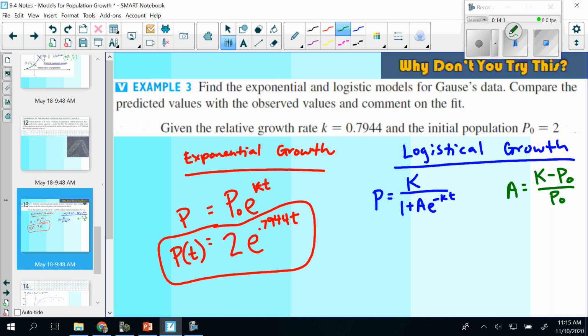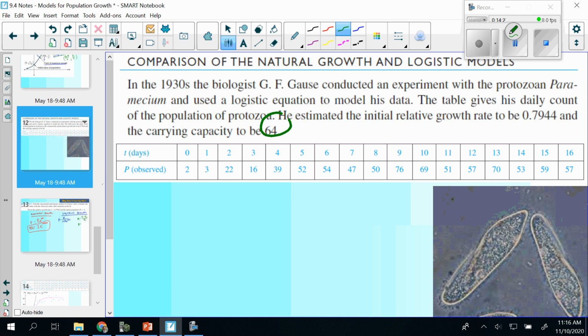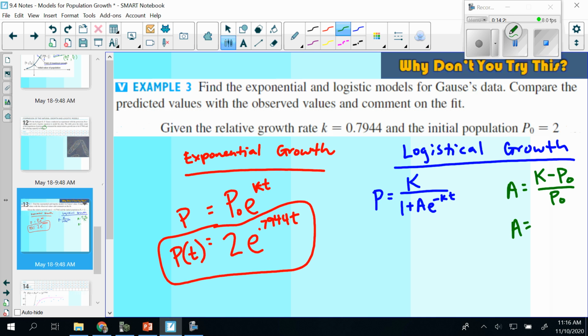Let's find that A value first here. We know, from before they told us what the carrying capacity was, which was 64. So we know here that K is 64. We get 64 minus our initial population is 2 over 2. So we get 62 over 2, or 31. So that's our A value.